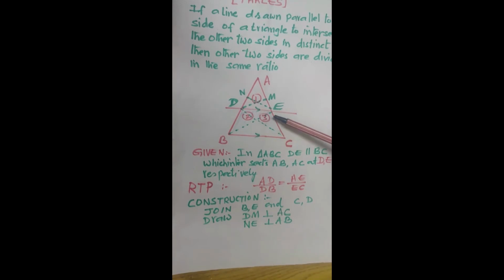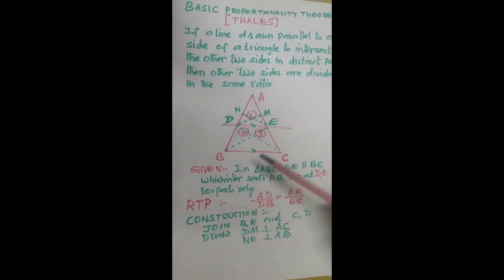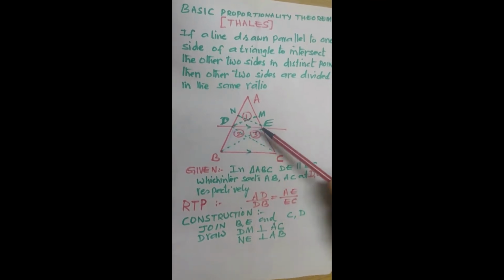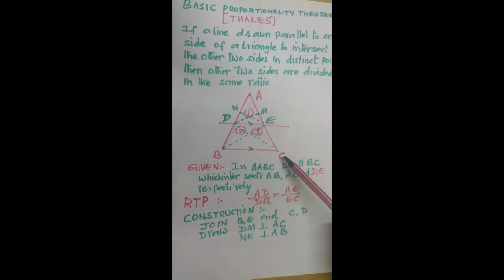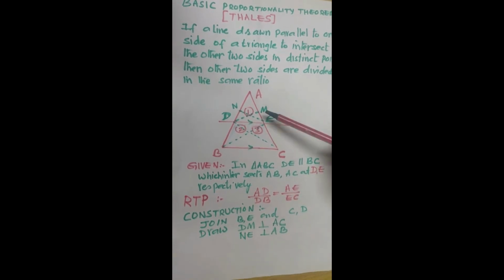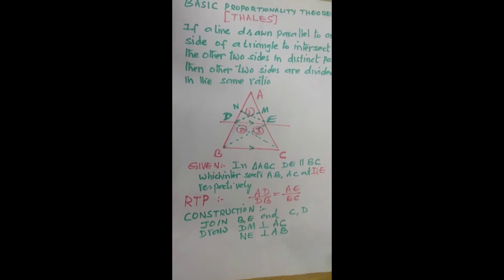For proving this theorem, we require some construction. Join B comma E like this, dotted line, and also join D comma C. Join B comma E and C comma D. And also draw perpendicular lines: DM is perpendicular to AC.